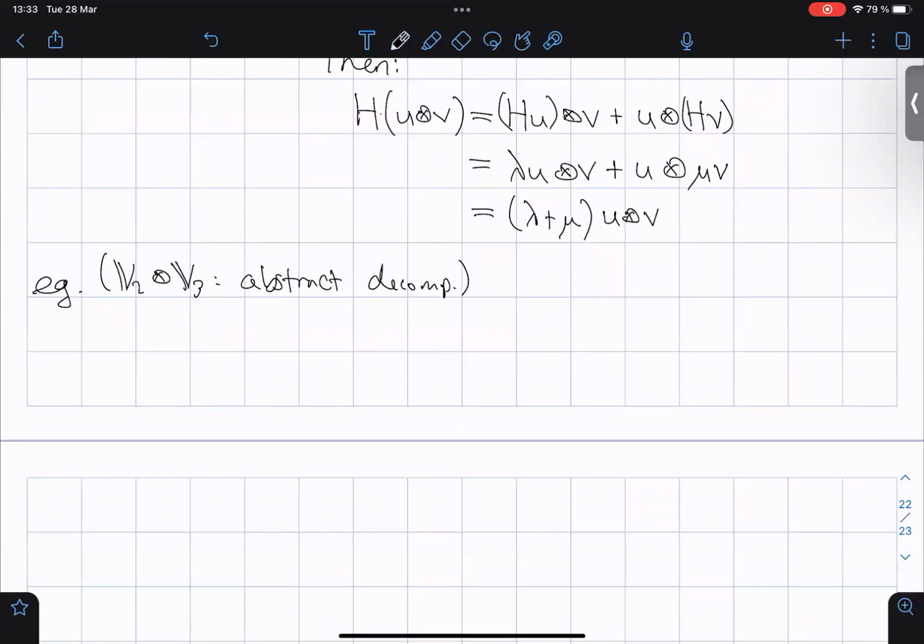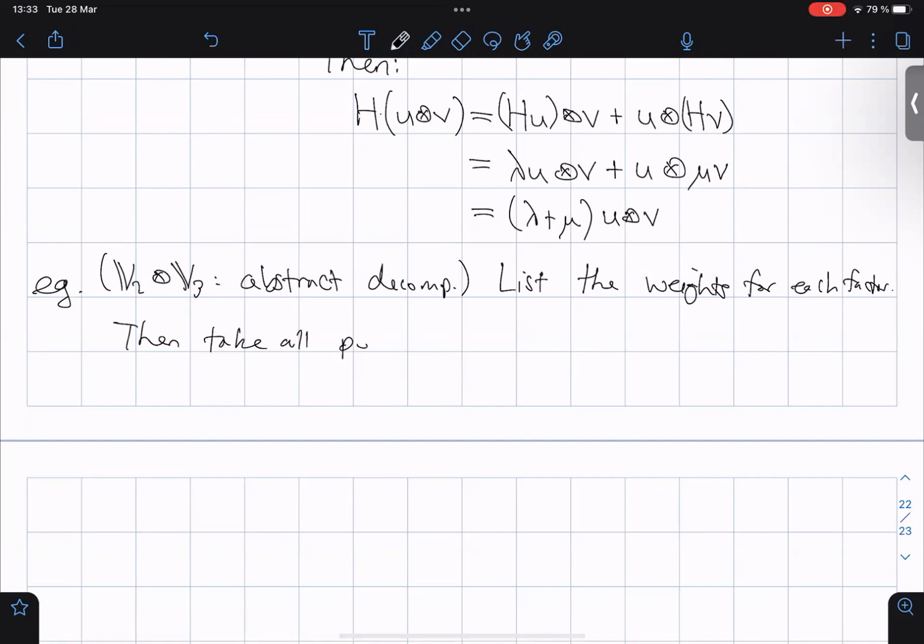So let's take V2 tensor V3, and let's decompose it abstractly. This starts off by listing the weights for each factor, then take all possible sums.